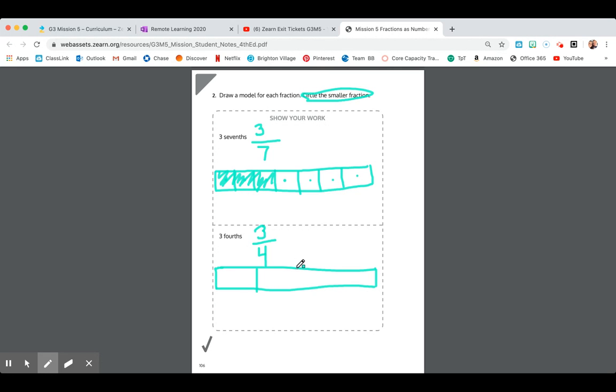So I'm going to draw 3 lines. 1, 2, 3. And then I'm still going to get 4 parts. Then I'm still going to shade in 3/4 of that. And even just looking at our new models that we've drawn, we can see that 3/7 is the smaller fraction.